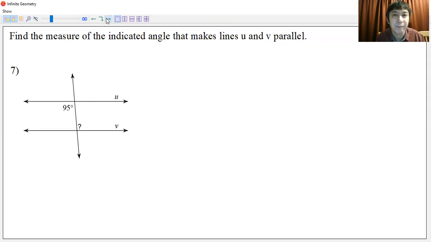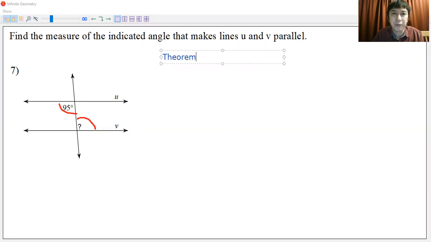Here's number 7. Let's examine the angle pair. This is interior. This is another interior. This is not corresponding. Looks like alternate interior angle pair. And so we shall have a new theorem for this.